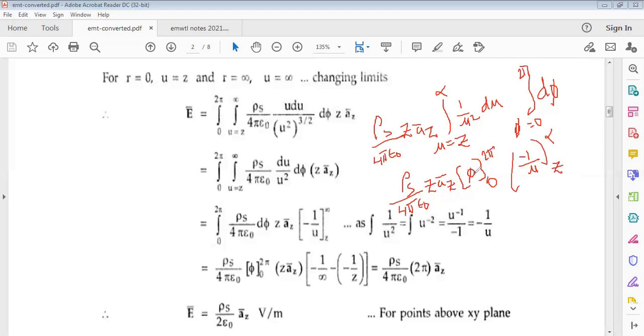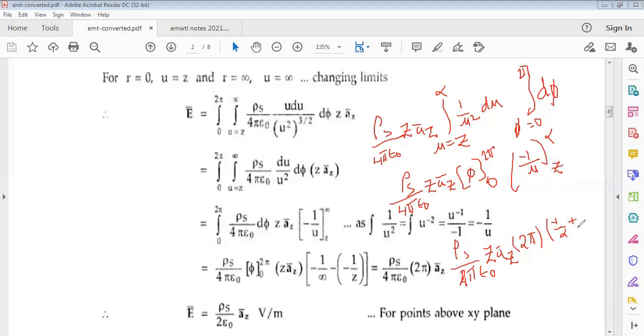After taking the 2 pi here, we have rho s by 4 pi epsilon naught Z az bar. Substituting the upper limit for phi, we get 2 pi minus 0, which is 2 pi only. Substituting the mu value as infinity, minus 1 by infinity is 0, and then there is a minus into minus, which becomes a plus.